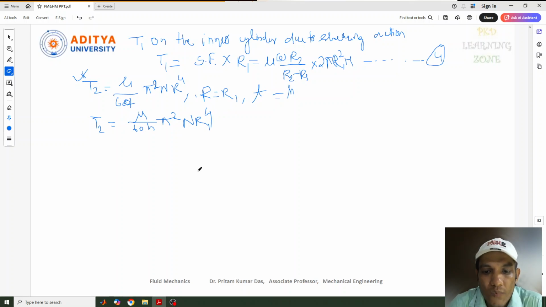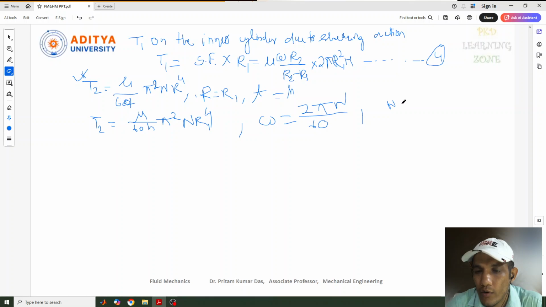Now as we know that, here also you can put it actually. So we know that the omega equation is nothing but 2 pi N by 60. So if you want to identify the N value, then we can write 60 omega by 2 pi. So here you can put the value of N. So what will we get?